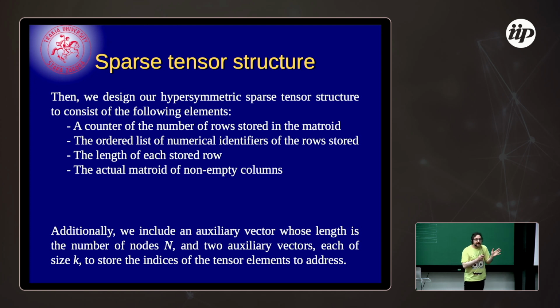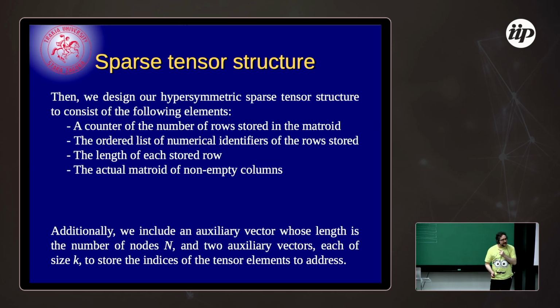What these identifiers will be, we're going to see in a short while. But obviously, we need to know what is what. So number two thing we need is an ordered list of numerical identifiers of the rows. Number three, we need to know how many elements are in each row of those that we have stored. This is why, I said before, a vector of rows is a matrix.